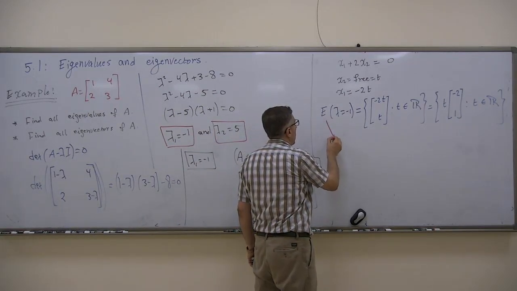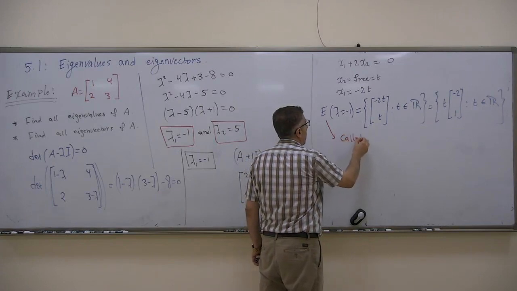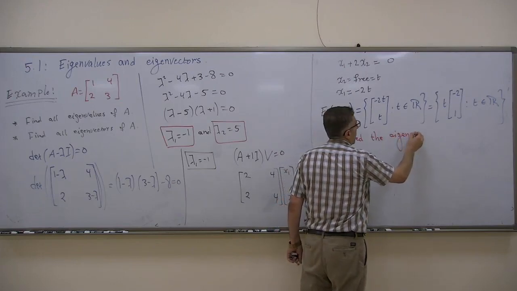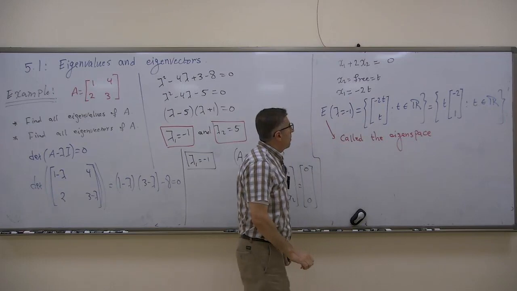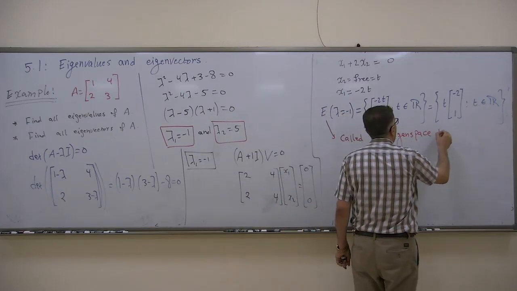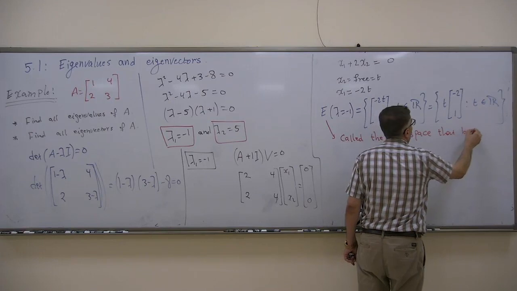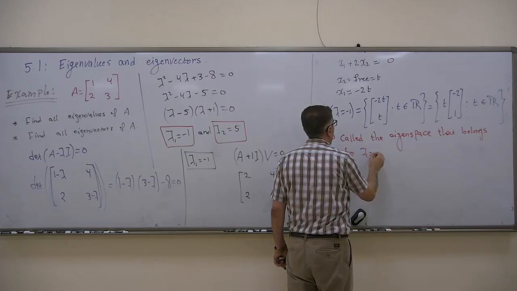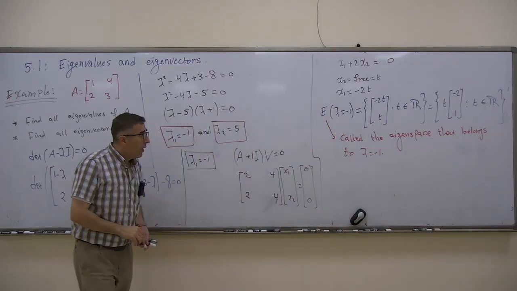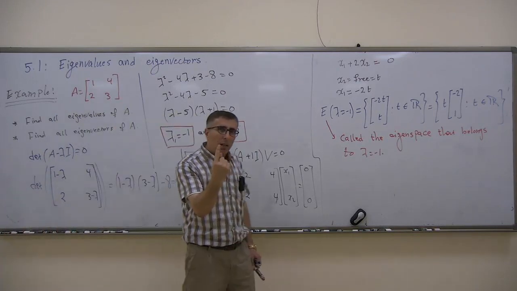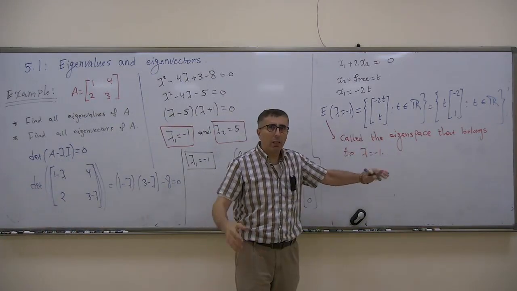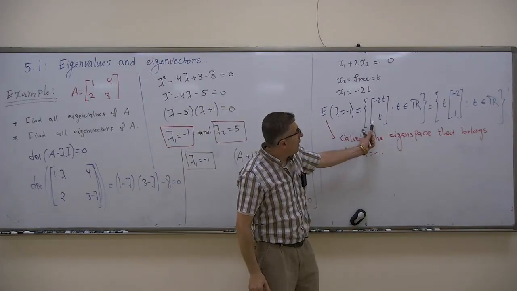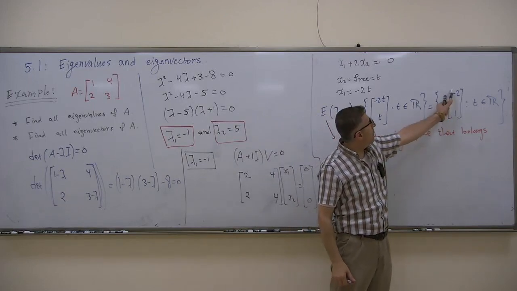This, we call it the eigenspace that belongs to this value of lambda. So this is called the eigenspace that belongs to lambda equals -1. Okay? So you can see here, it is not only one eigenvector you find. You find an eigenspace. You find a space of eigenvectors. However, we know this eigenspace is spanned by this vector.